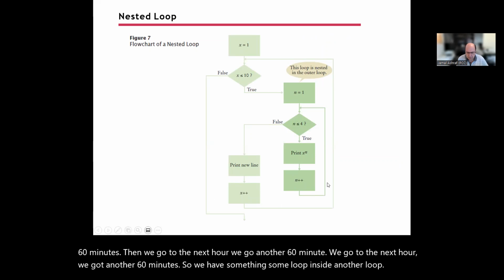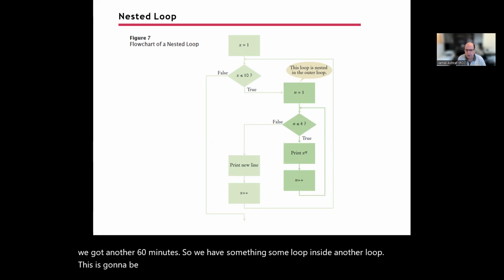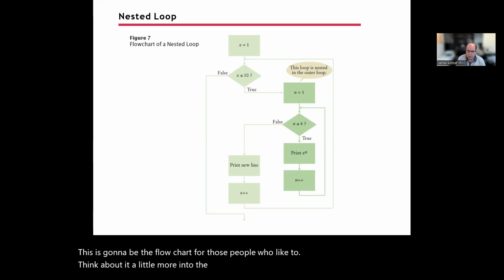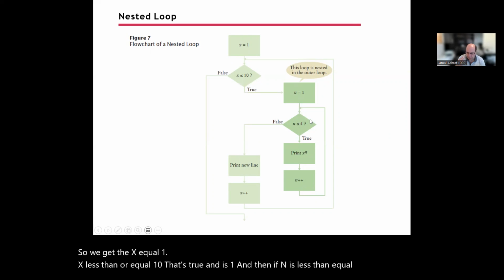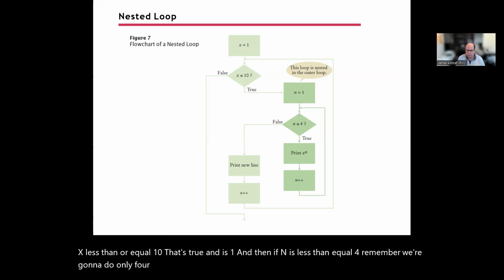This is going to be the flow chart for those people who like to think about it a little more in the flow chart. So we get x equal 1, x less than or equal 10, that's true, n is 1, and then if n is less than or equal 4, remember we're going to do only 4 numbers, we don't want to do a lot more than that.